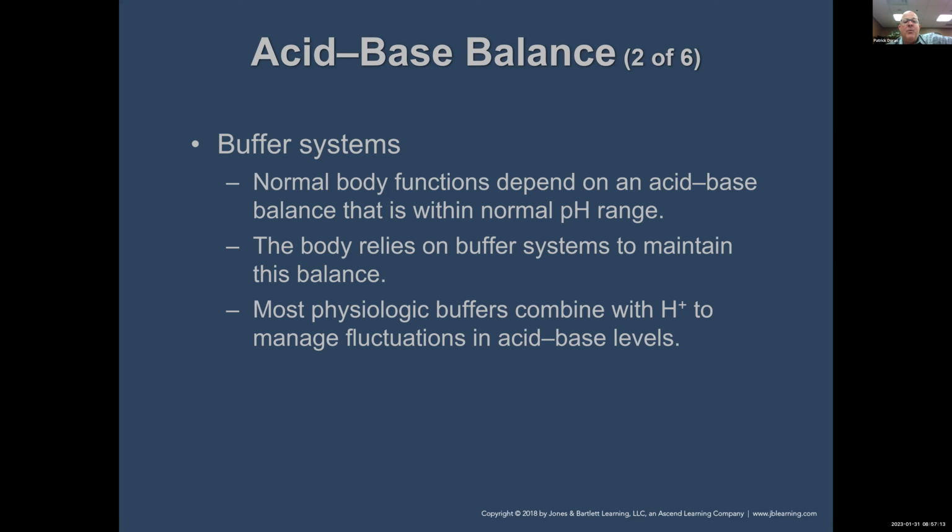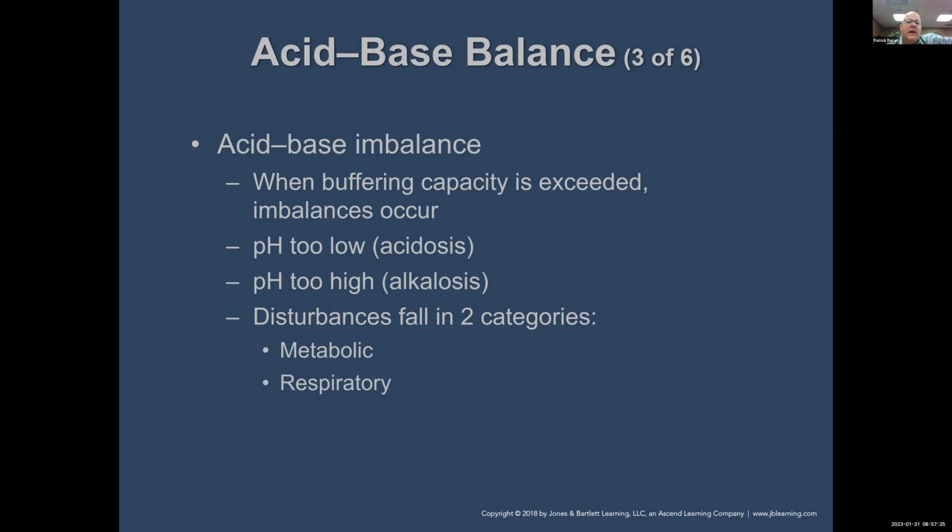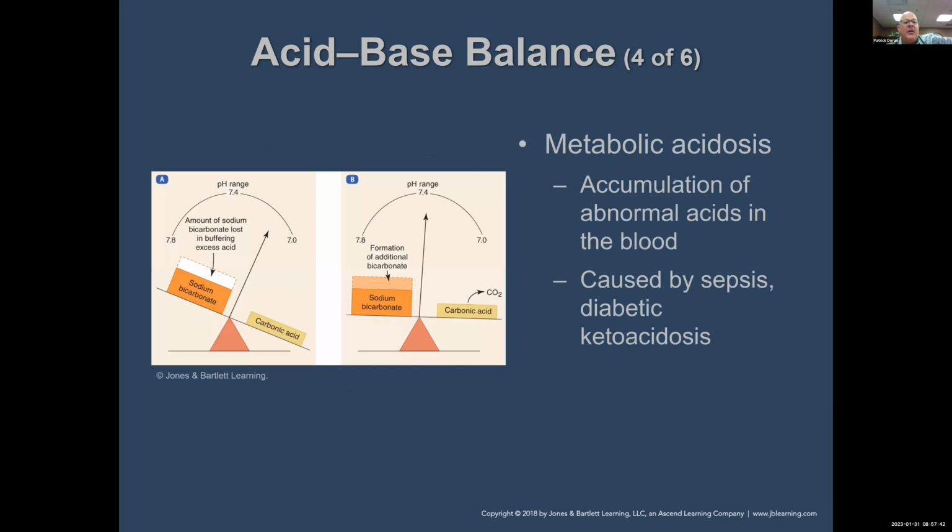The buffers combine with hydrogen ions to manage the fluctuations in acid-base levels. We know about acidosis and alkalosis, too low, too high. We have metabolic and respiratory phases of that. The imbalance occurs when our buffering capacity exceeds our imbalance.